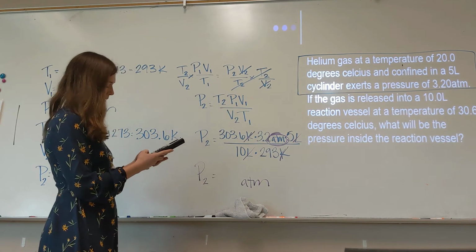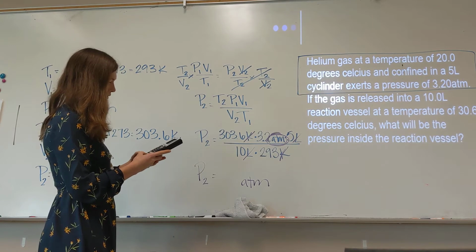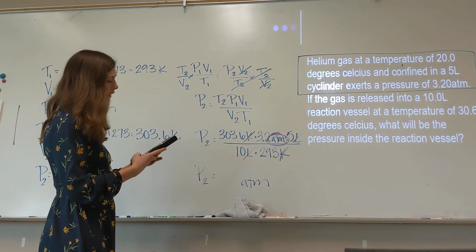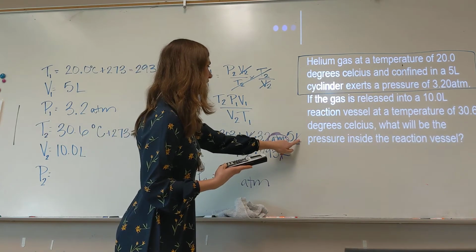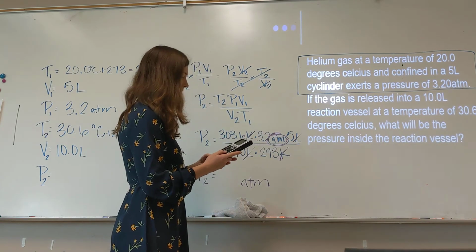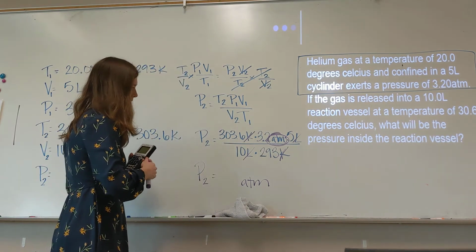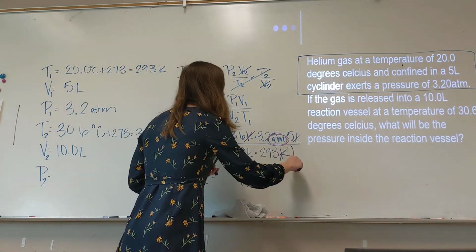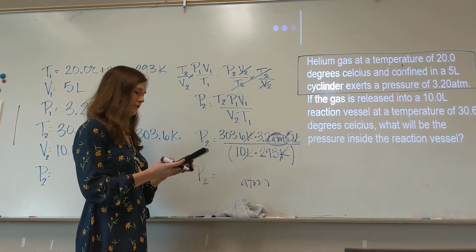Alright, so I'm going to do 303.6 multiplied by 3.2 multiplied by 5. When I do this, I hit equals after I've multiplied by these. And then I hit divided by, and I put parentheses around the bottom. If you want to do them as two separate steps, that's fine, as long as you get the correct answer.